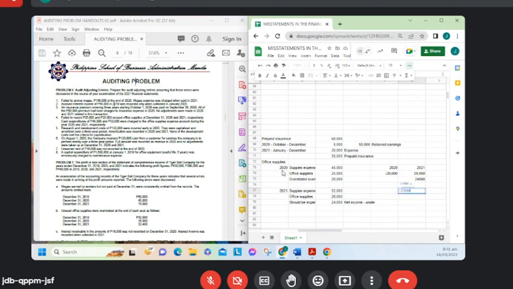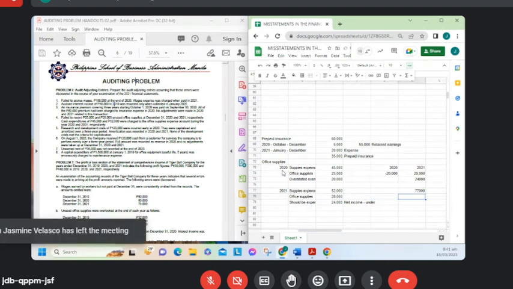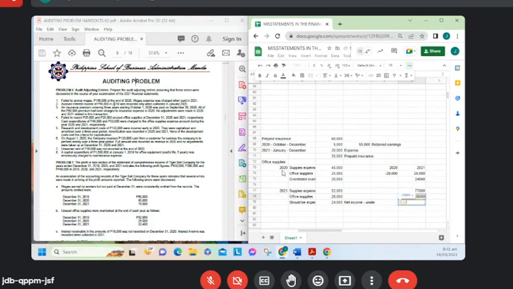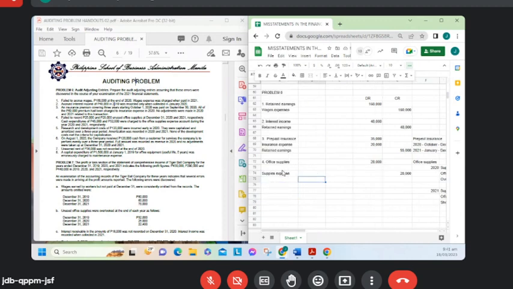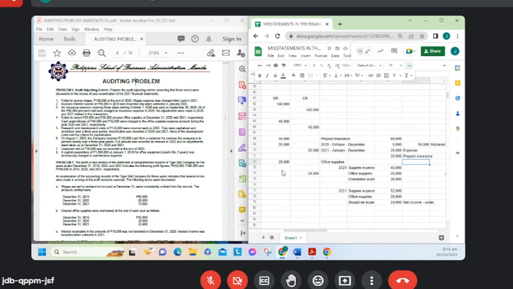So 25,000 plus 52,000, 77 less 28,000. Dapat ito yung adjustment natin. So 49,000 supposedly. Sorry. So impact of last year's overstated expenses.